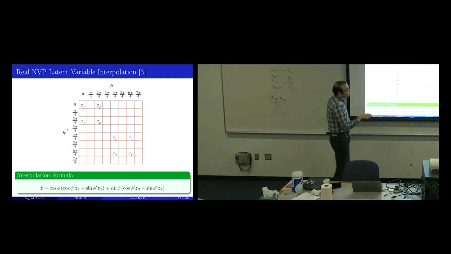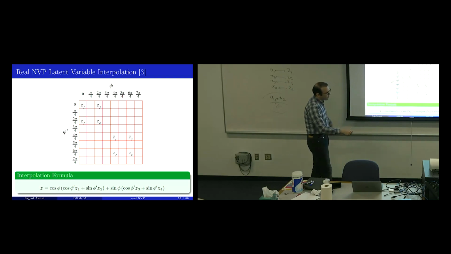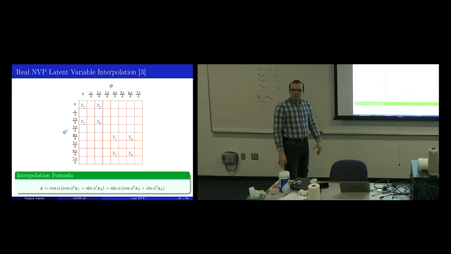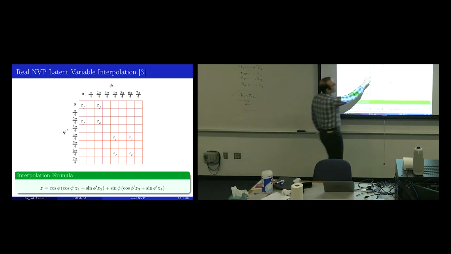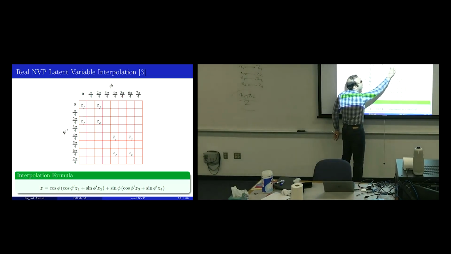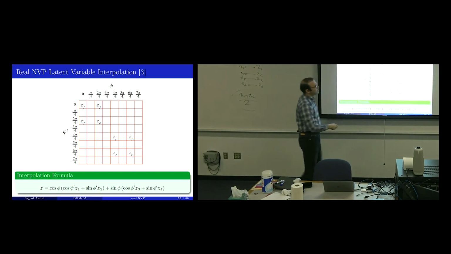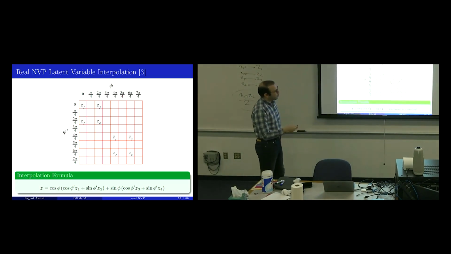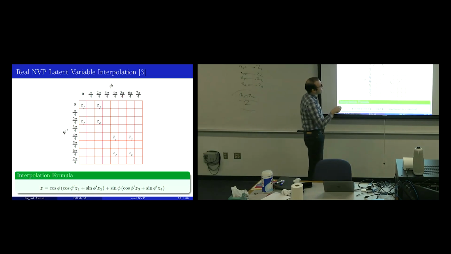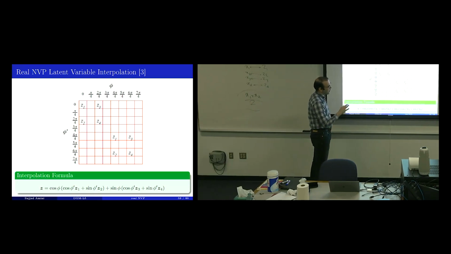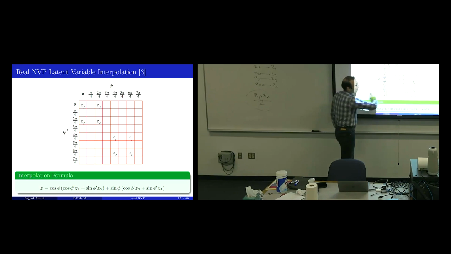I put them in this grid, and using this formulation, which is a type of interpolation, I can fill these blank boxes. So each blank box is a function of Z1, Z2, Z3 and Z4 based on the values of phi and phi prime. So I can fill all of them.